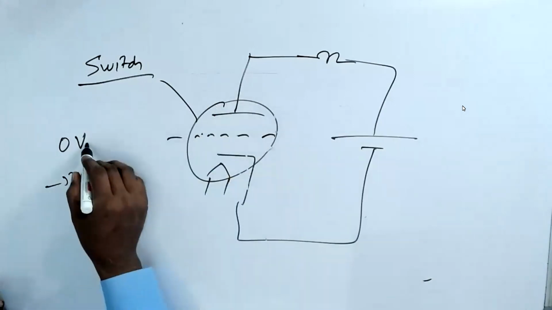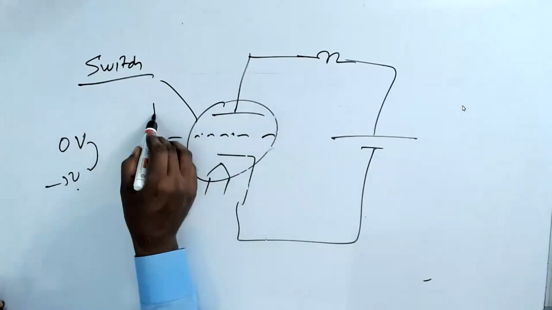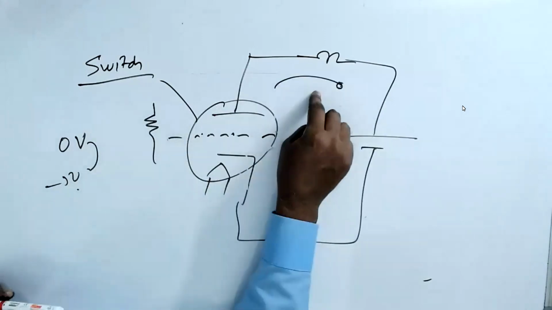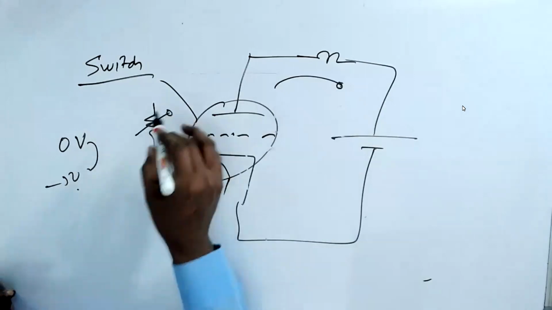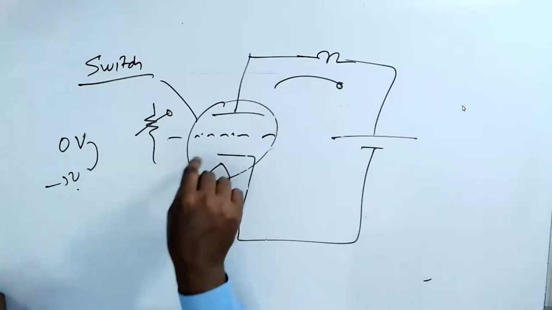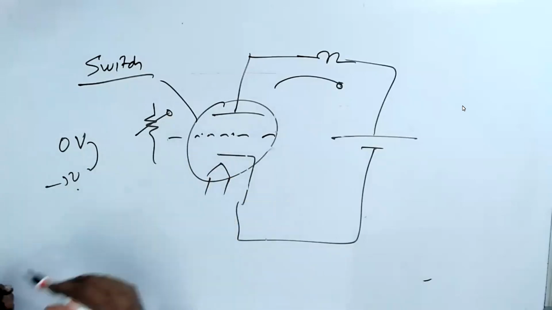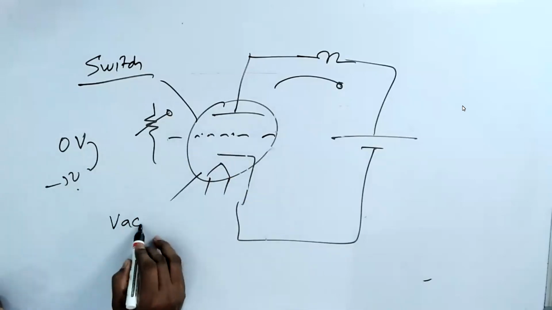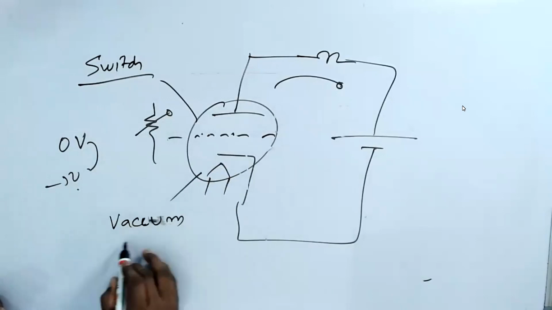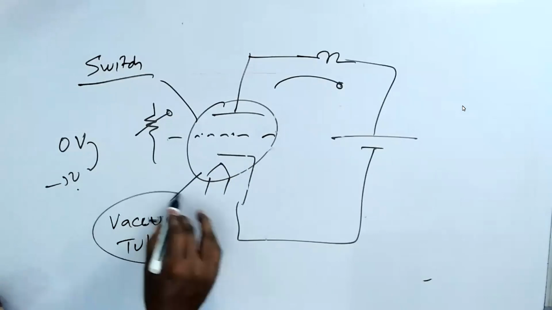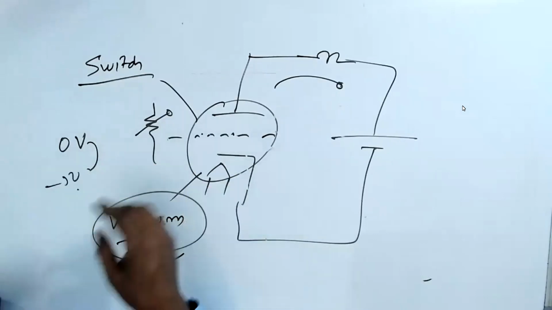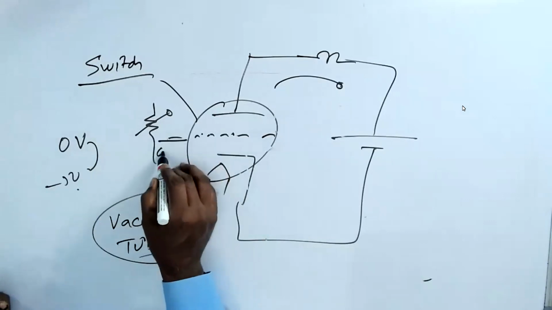In between 0 and 5, this will act as a variable resistor because it changes the current. Whatever changes the current is nothing but a variable resistor. So this device, this vacuum tube, the triode, acts as a switch by controlling the grid.